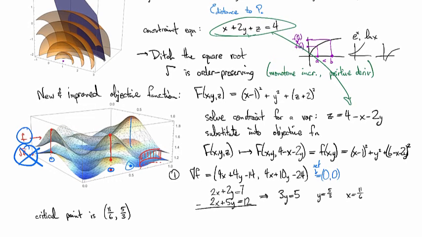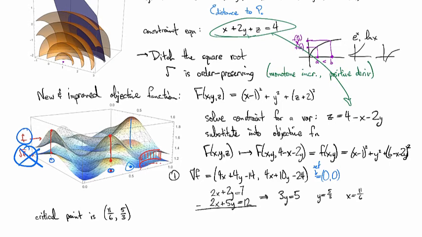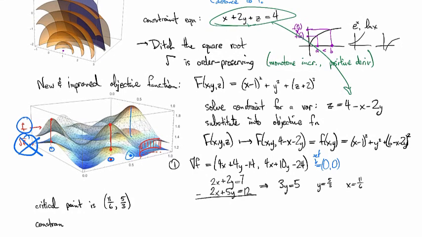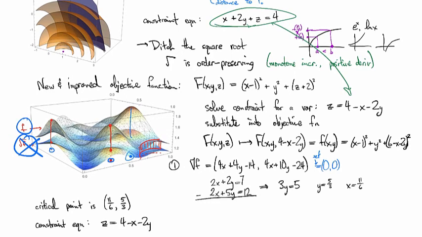And we were asked not to find the closest point on the plane, but actually to find the minimal distance there. So then we use our constraint equation. And so we plug in, so what was this? This was 4 minus x minus 2y.